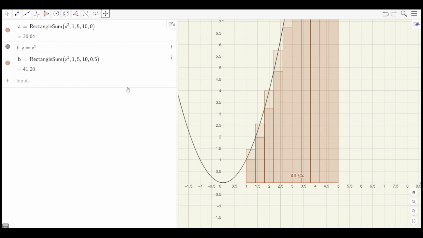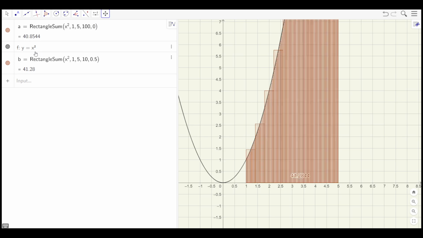I think in this case, because of the form of the function, it seems that the second one is approaching the real value faster. So let me calculate this. Let me increase this to, I don't know, 100. And then I have this number.